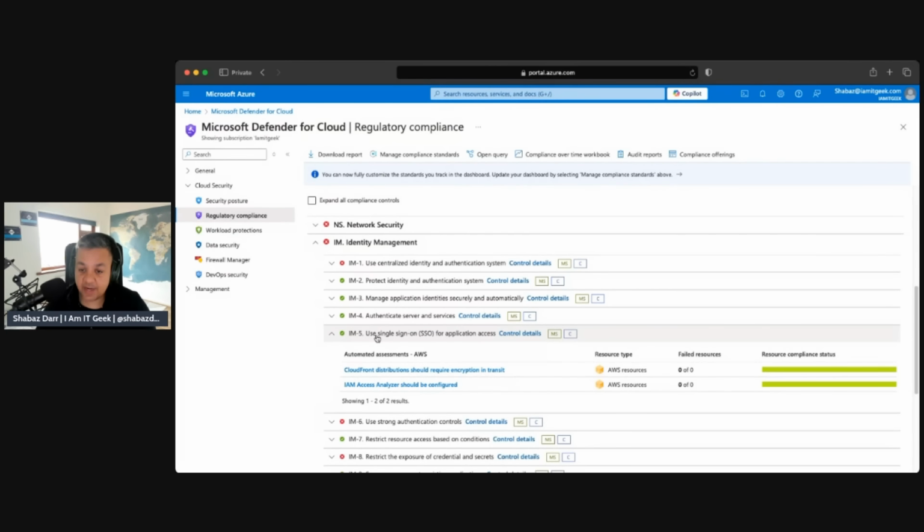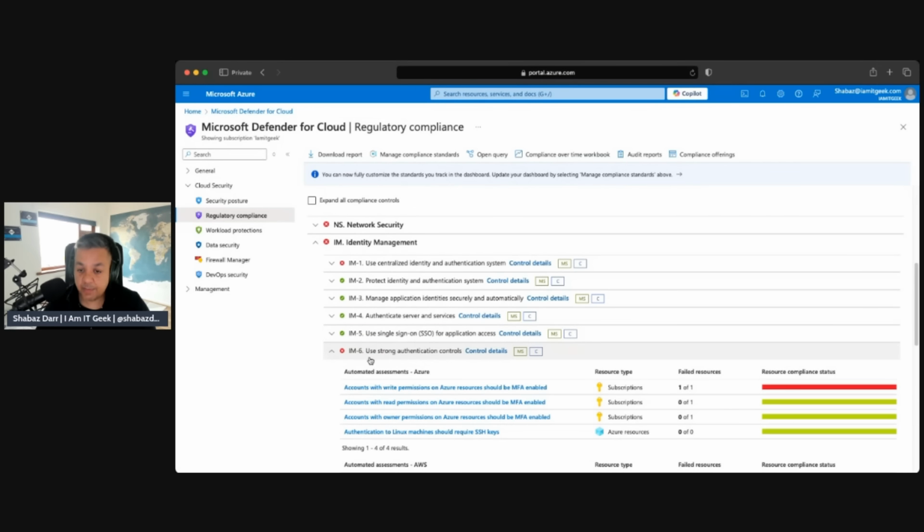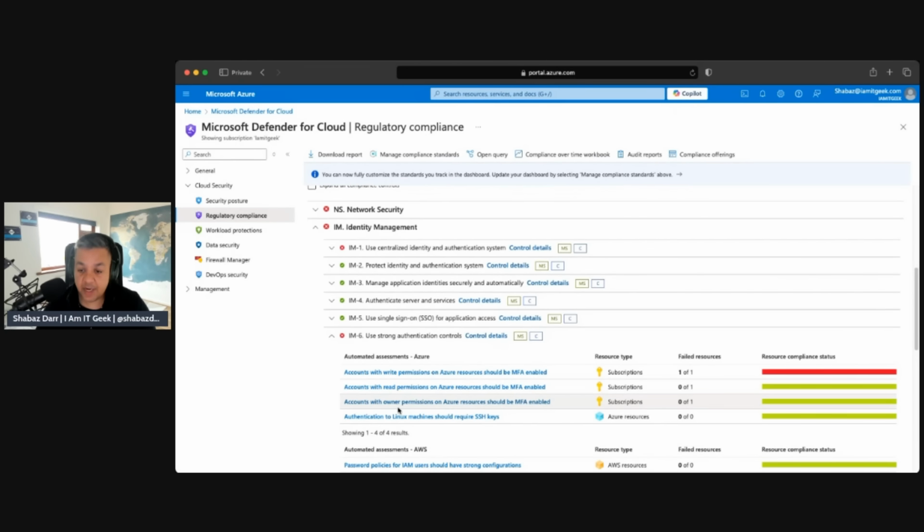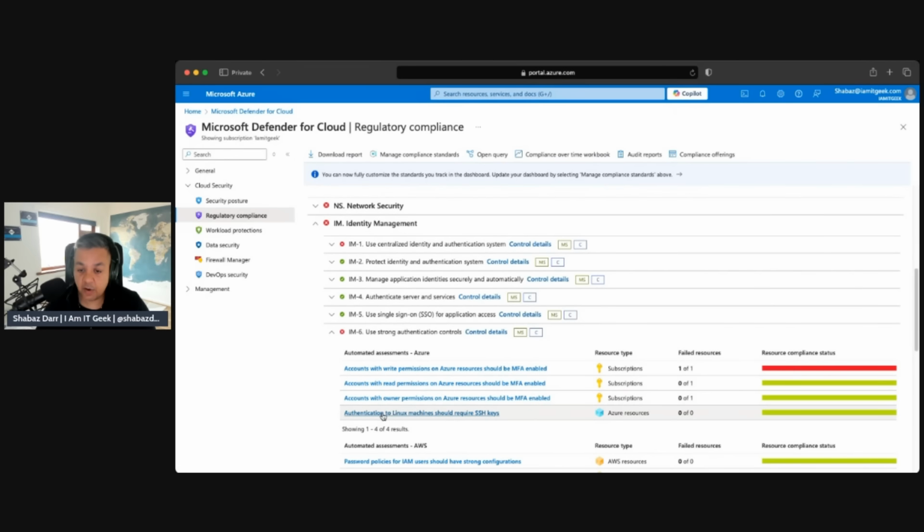Again, using single sign-on, I've not got anything for Azure in there, but here we do using strong authentication controls. So making sure any accounts with write permissions on Azure resources should be MFA enabled. Anything with read permissions should have MFA enabled. Any owner permissions, again MFA, and authentication to Linux should use SSH keys.